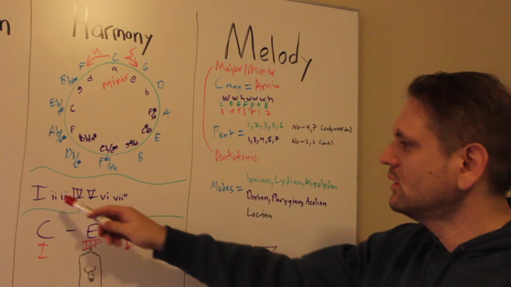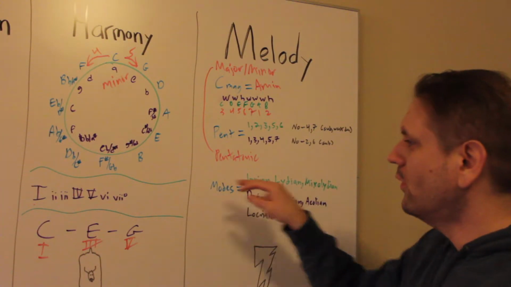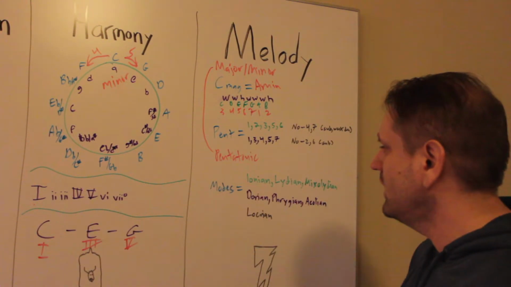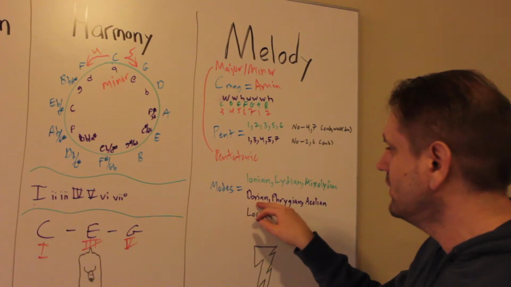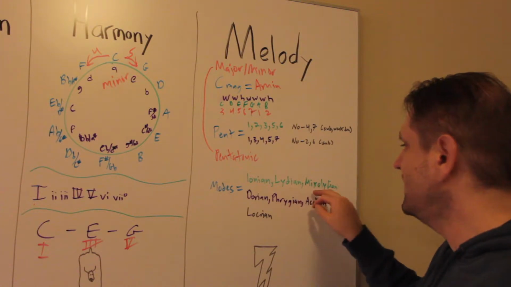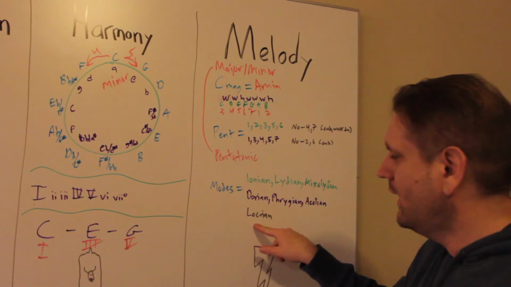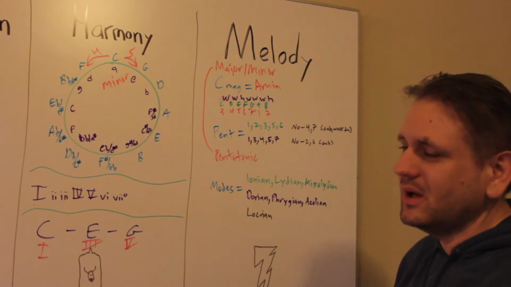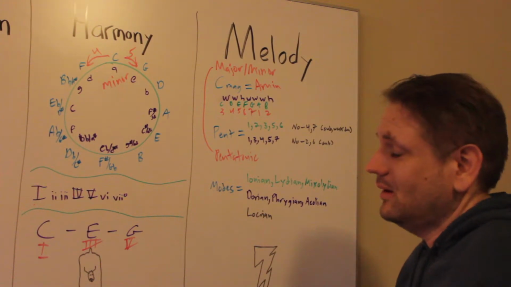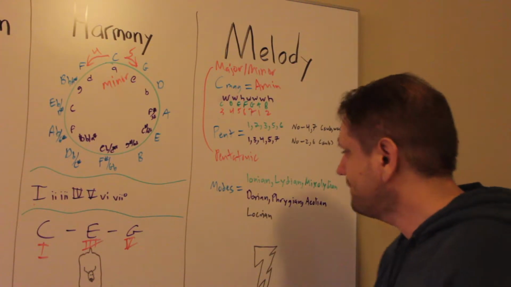The modes are literally just going to be how the harmony is named. So the major 1 is going to be Ionian, the minor 2 is a Dorian, minor 3 is a Phrygian, major 4 is Lydian, major 5 is Mixolydian, minor 6 is Aeolian, and this lonely guy over here, the Locrian, I guess Locrian, lonely, I don't know. It's going to be the diminished one. It doesn't really have any friends to play with.